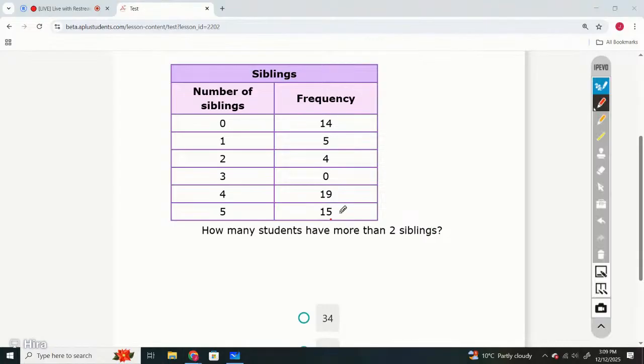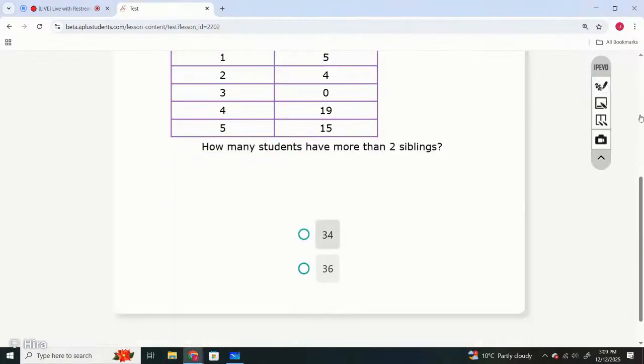So more than two siblings. More than two means add the frequency values in front of 3, 4, and 5. So that is 19 plus 15, which is 34. Option number 1 is the correct option.